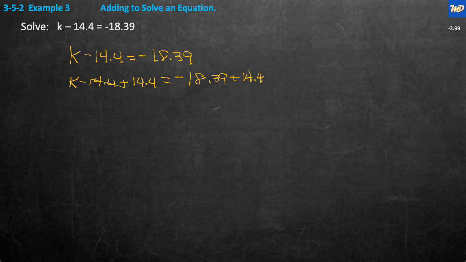And when we do that, cancel them out, we're left with the k by itself. And that equals negative 18.39 plus 14.4. And now when you add these two together, it's negative 18. Don't let me forget that. Negative 18 and plus the 14, we're going to get k being equal to negative 3.99.